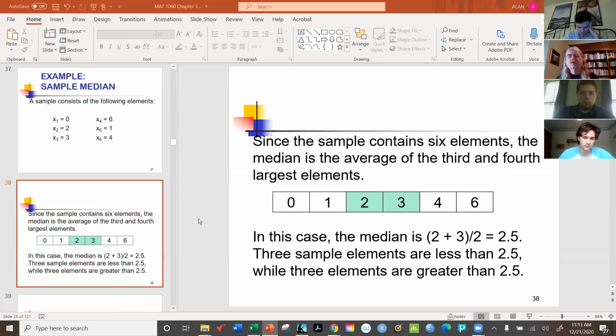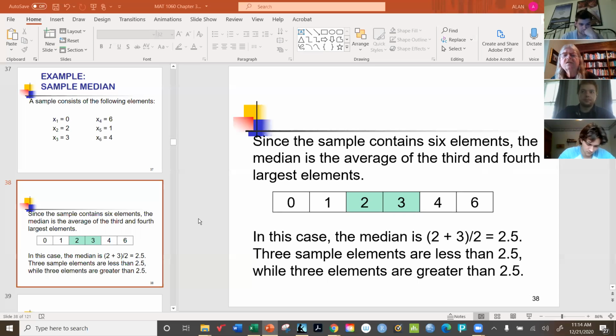So as a compromise, what we'll do is take the 2 that are in the middle and average them out. In this case, you can see that we're getting 2.5. Now, 2.5 is not actually in this sample, but that's not really relevant. What matters is that 2.5 cuts the data right in half. Half the elements are less than 2.5 and half are greater, and that's what we're looking for, 2.5.